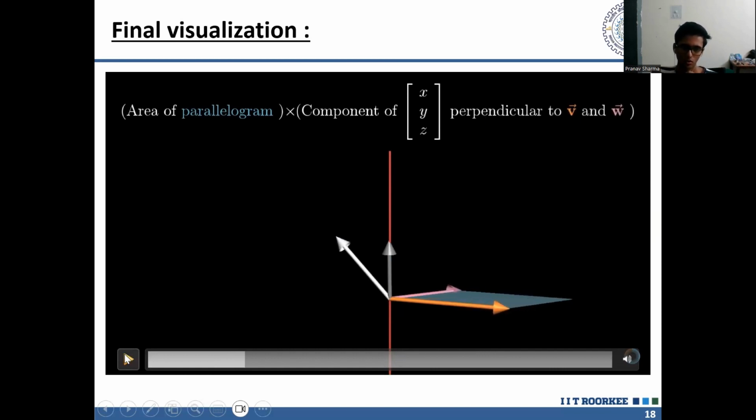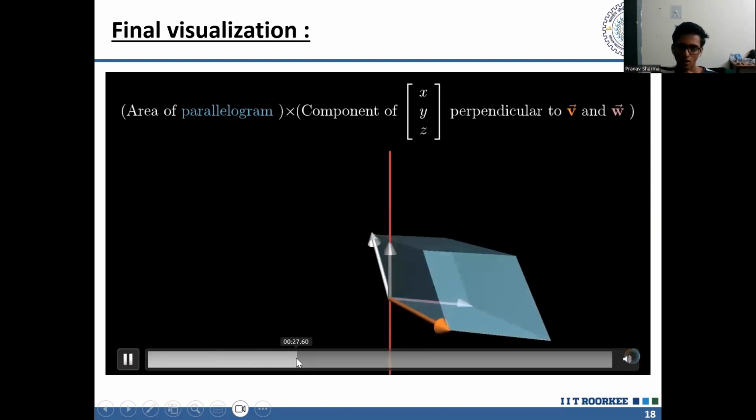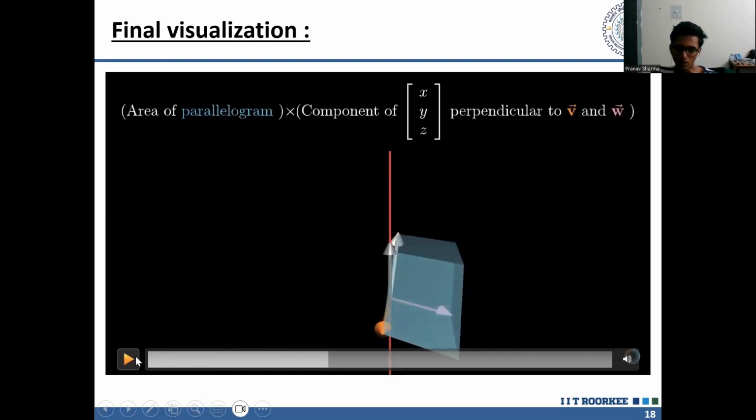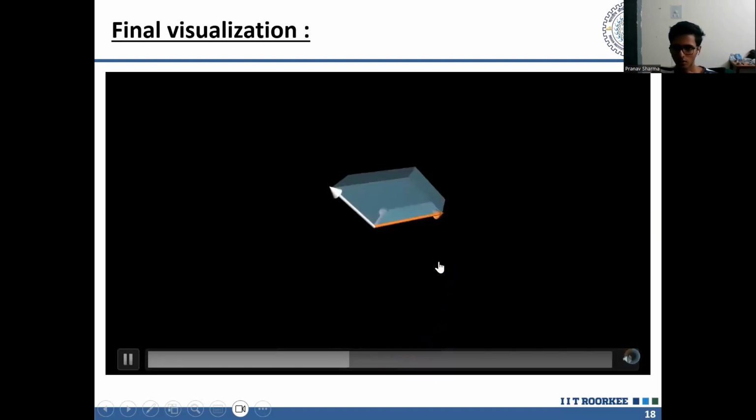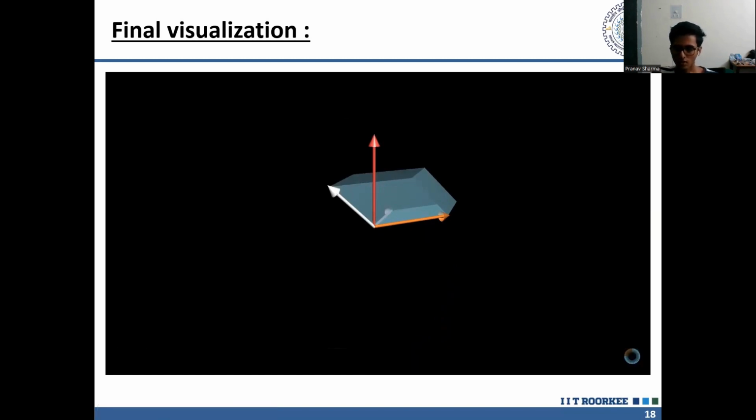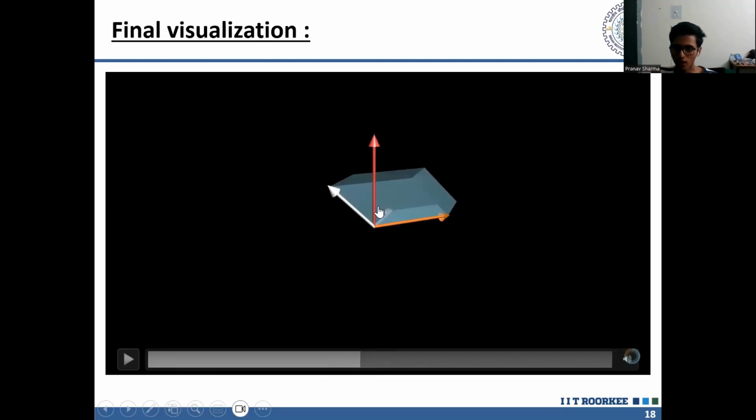So we multiply the area of the parallelogram with the component of xyz perpendicular to V and W. Now, this is the visualization. But what we can observe is that taking a projection of xyz on this perpendicular line is similar to taking the dot product of this xyz vector with another vector which is perpendicular to V and W. So you understand the relation: taking a dot product with a vector which is perpendicular to V and W and whose length is equal to the area of the parallelogram of V and W is just similar to taking the projection of XYZ on this line and multiplying it with the area of the parallelogram.